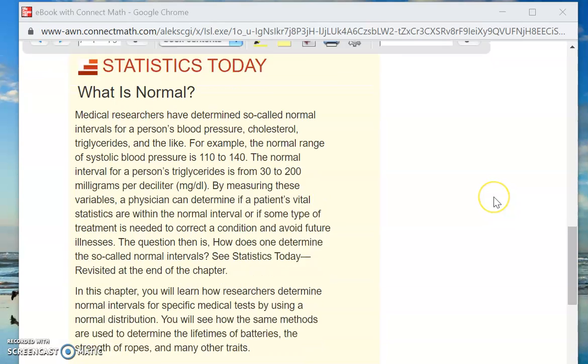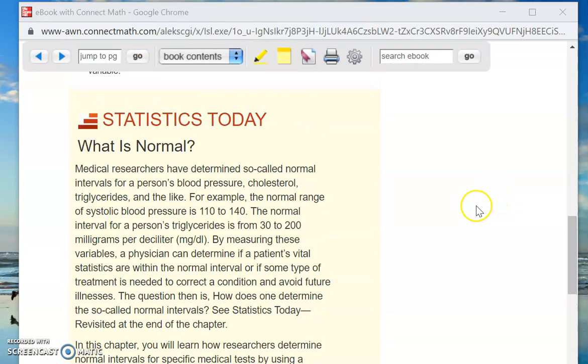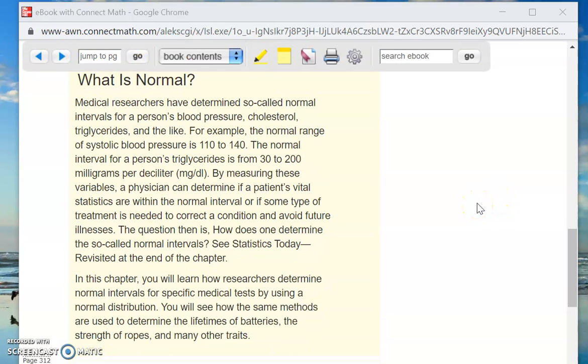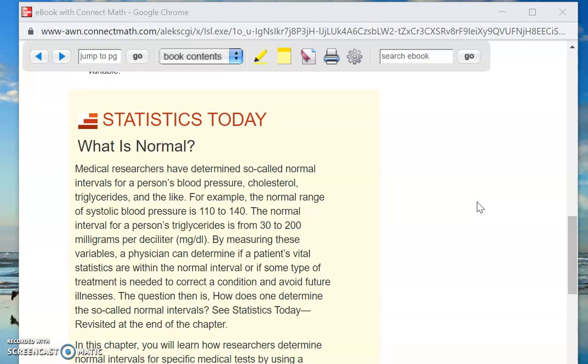Okay, so he talks here about what is normal. Why do we call it normal? There's different names for it. Sometimes we'll call it a normal distribution. Other times, other authors will call it a Gaussian distribution. Gaussian is named after Gauss, a very famous mathematician. G-A-U-S-S, Gauss, or Gaussian is G-A-U-S-S-I-A-N.